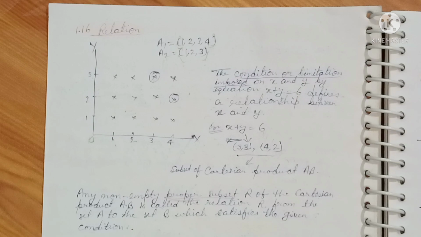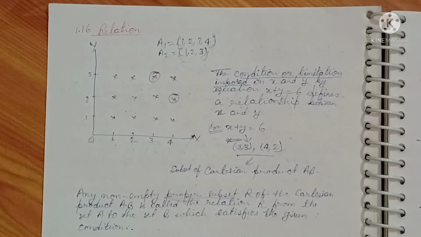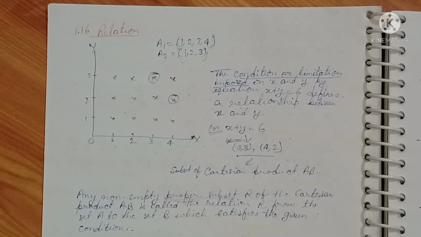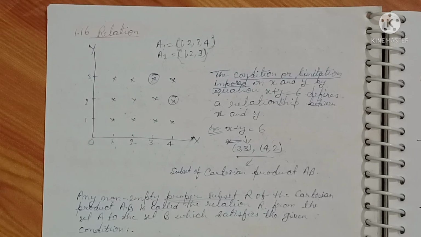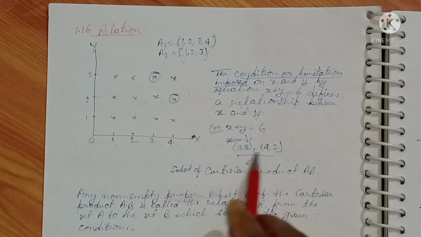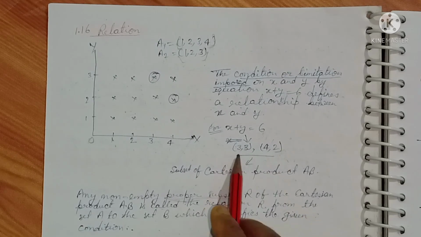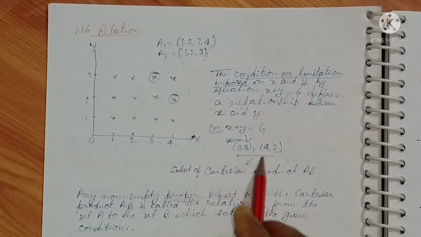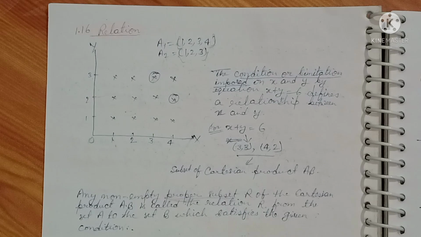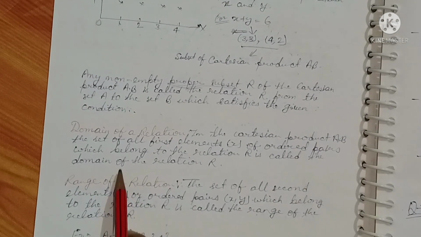So the set of all first elements of the Cartesian product, for example here 3 and here 4, is the domain of the relation.